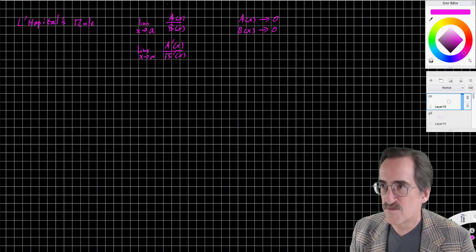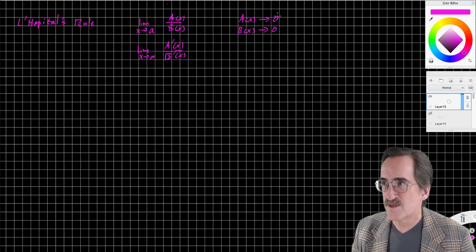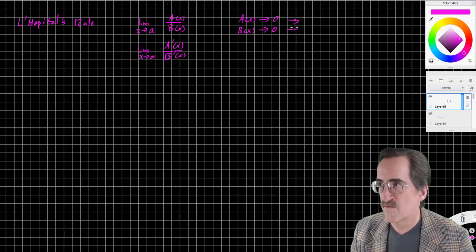Now it can also be shown numerically or symbolically that this is true if the limit is infinity over infinity as well.